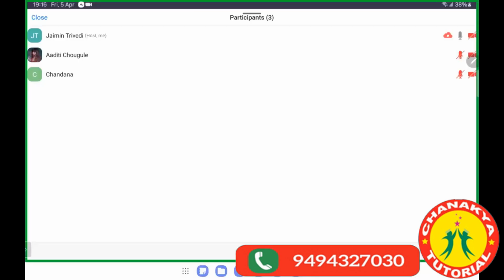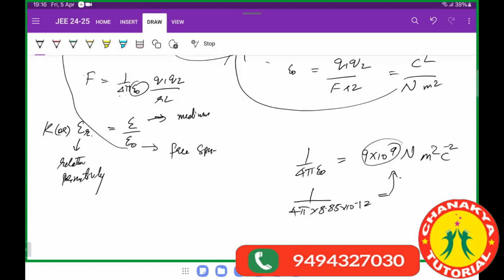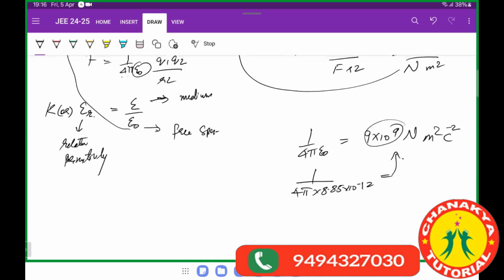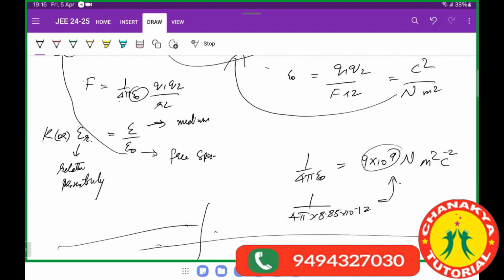Can you guys see my screen? Your voice is breaking again. Okay, what about now? Now it's fine. Sir, still your voice is breaking actually. Oh, what do I do now? The Bluetooth is connected. Where is the phone?